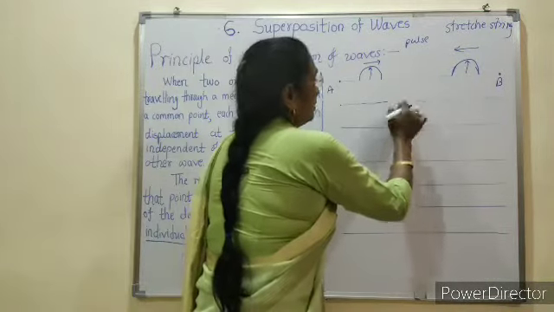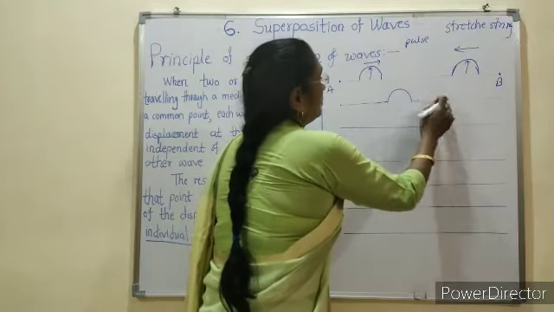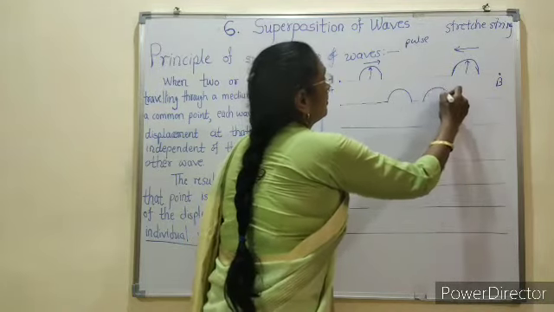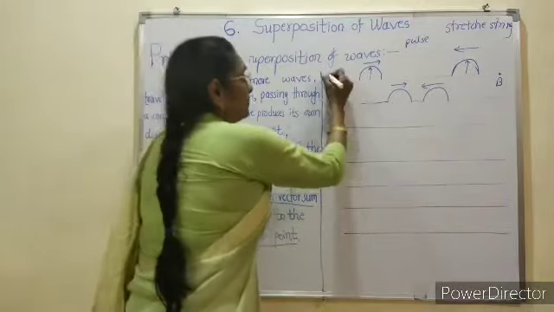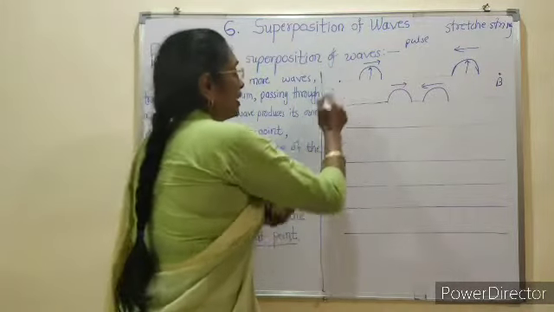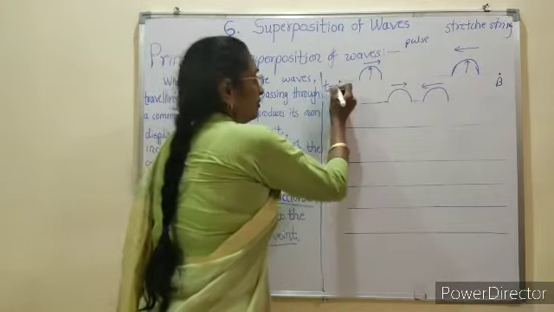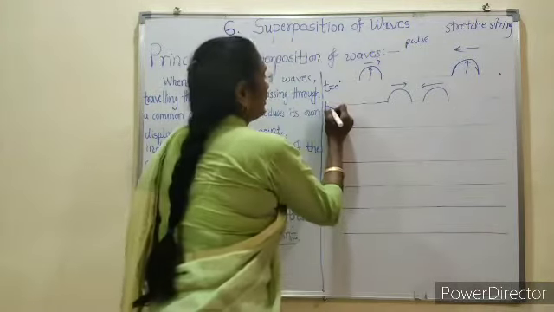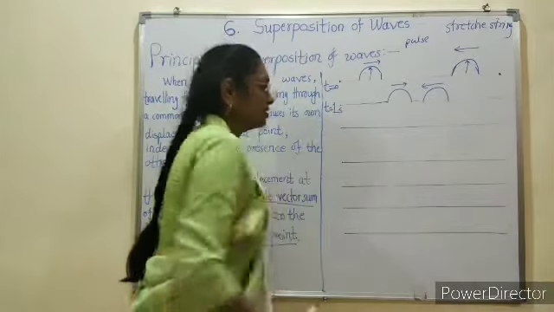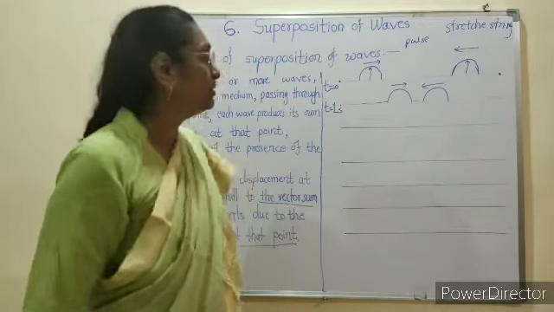Now, in the second time instant, they are approaching each other. Here at the start, the time is taken as 0. The next instant we take as t equal to 1 second.